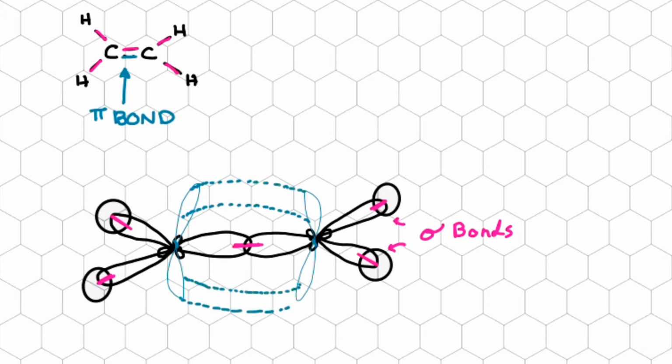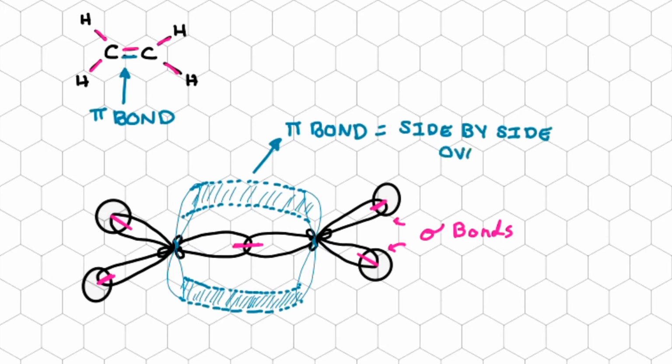As you see, if any of these carbons twist, the pi bond is broken, but the axial overlap, which is a sigma bond, is going to be intact. And as you see, these are overlapping side by side, not with a very strong connection. So the blue part is one bond of the double bond that we have between the two carbons, and we're labeling it with pi bond.